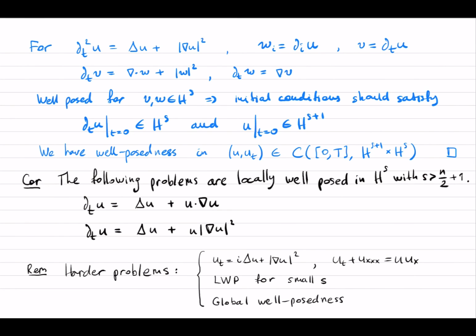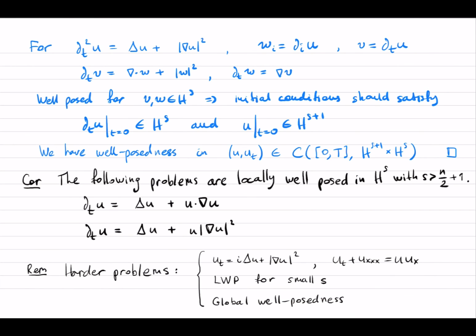To conclude, usually local well posedness of semilinear evolution equations in high order Sobolev spaces is not that hard. The hard problems would be local well posedness for Sobolev spaces with low S, or global well posedness to show that the capital T is actually equal to infinity, the maximal time of existence.